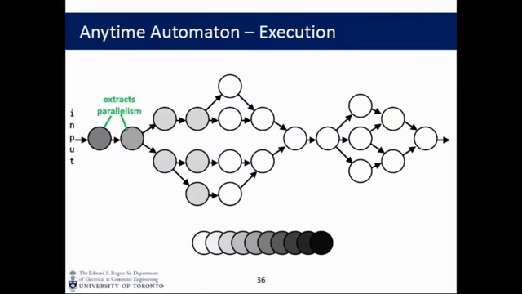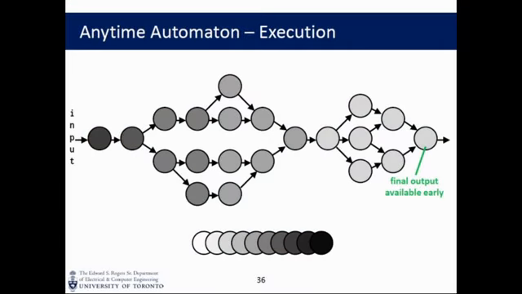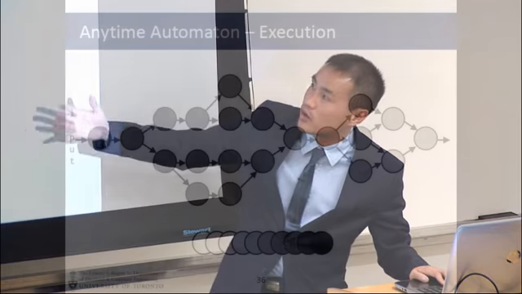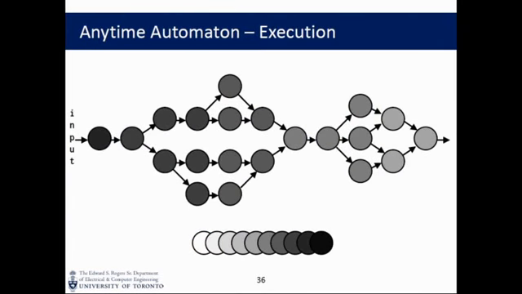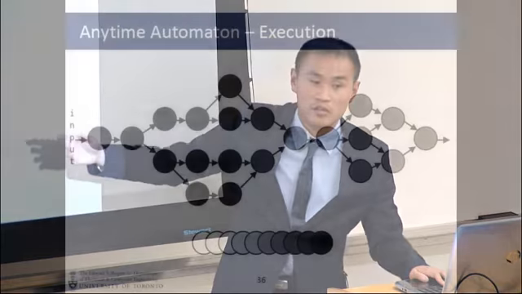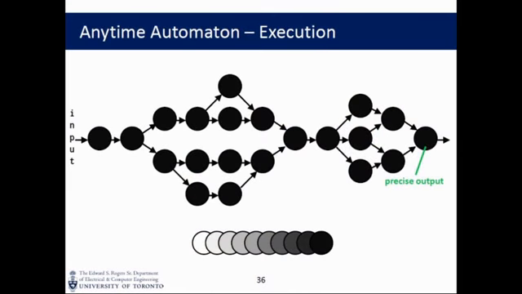So now you've extracted a form of pipeline parallelism with this anytime approach, where effectively the computations propagate until you get the final output available early. And if it's not acceptable enough, it's a simple matter of letting the application run longer, and effectively data is diffused, or precision is flowed through the model from left to right until you finally get the precise result in the end.